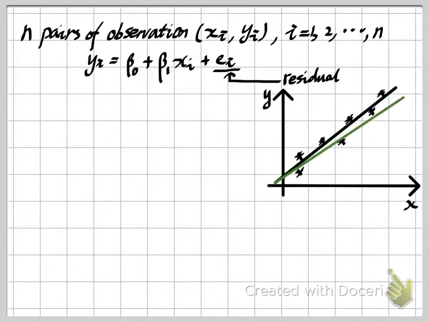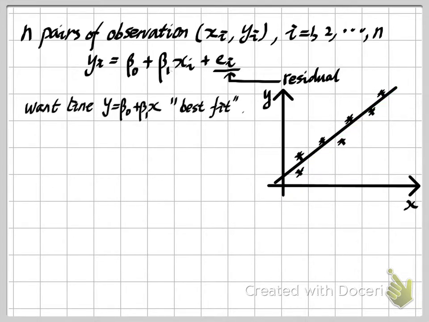We can say this green one and black one are not exactly the same, but they are also good ones. So what we should do is use some mathematical, quantifiable method to measure what is a good line.